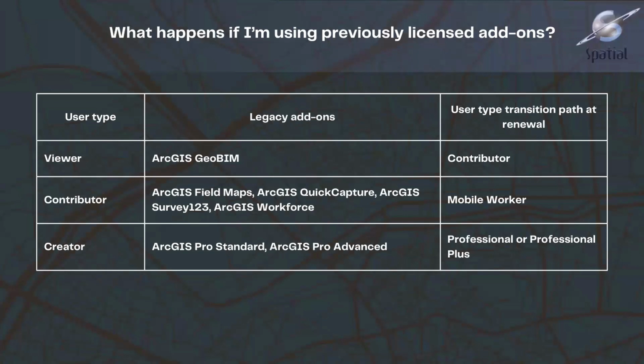So once you renew your ArcGIS Online licensing, you will need to purchase any appropriate user types for users to retain the access to the capabilities previously covered by those legacy add-on licenses. There are a few examples on the screen of add-on licenses that were previously assigned and the updated user types that they're now included in and that we'd recommend they transition to. If your organization holds legacy add-ons, again, feel free to have that conversation with us and we can assist with that migration.